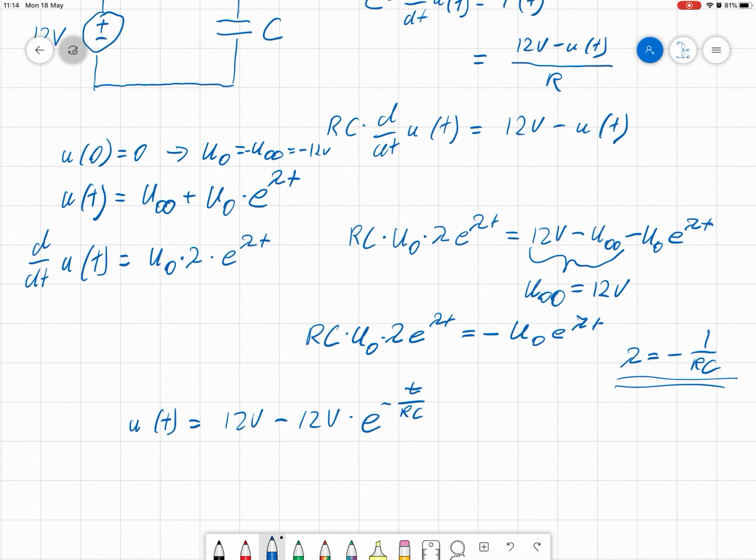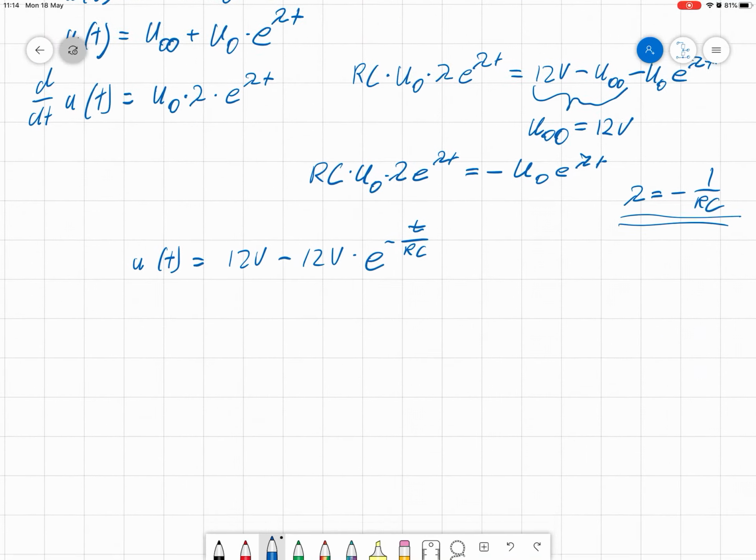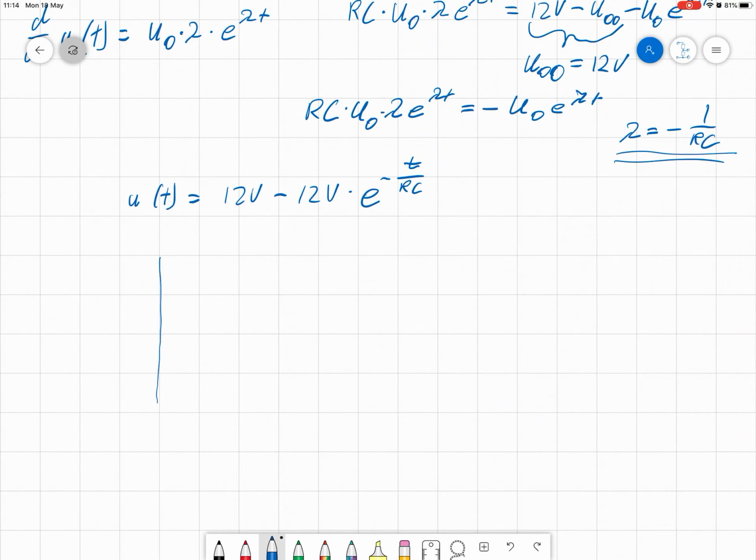That is the solution, and that describes the charging behavior of this capacitor over time. If you want to know when the capacitor is charged, you would typically go to 2, 3, or maybe 5 time constants, and then you will find that if you plot this on a computer, you get a curve that looks roughly like so.